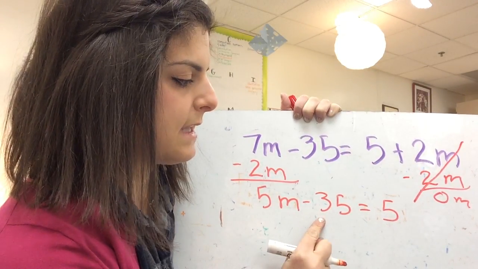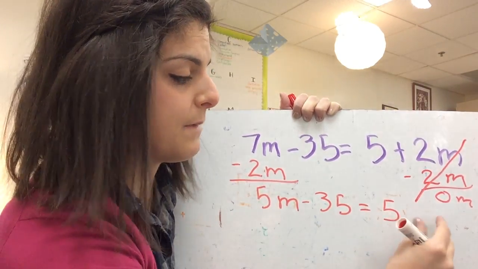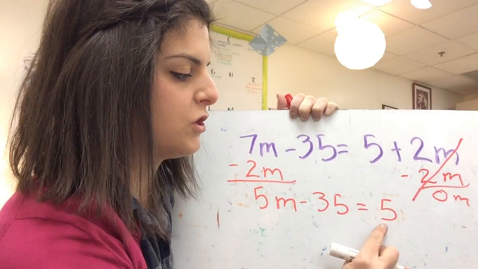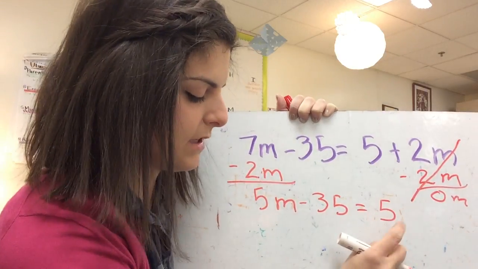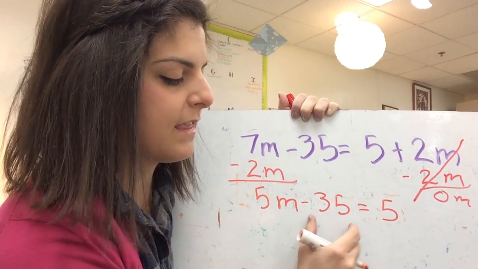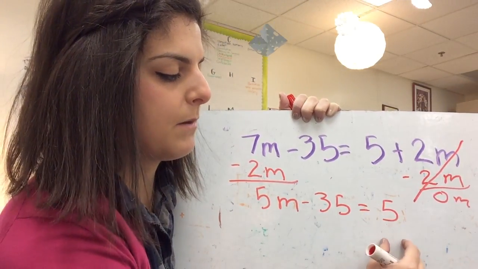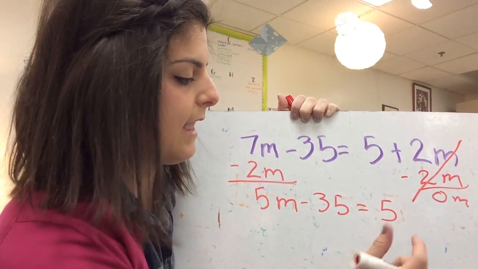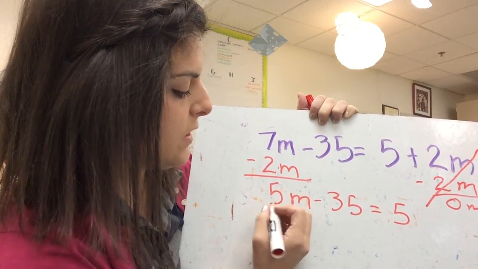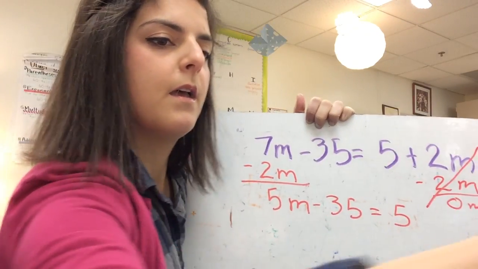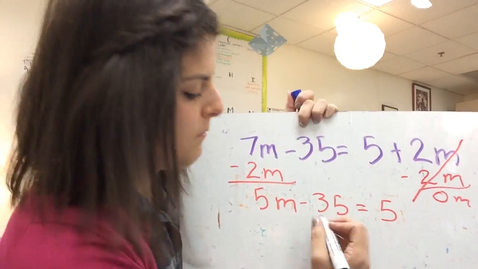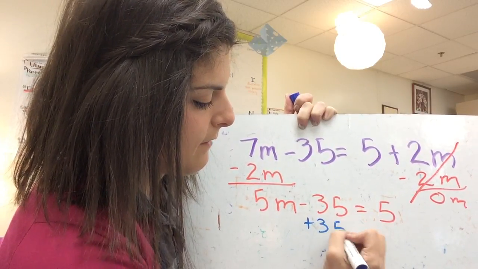What I'm going to do with this number is, because I have to leave something on this side so the two sides are balanced, I couldn't just go minus 5 here because then there's nothing left over here. So I'm going to bring this 35 over here and group it with this like number, okay? So I'm going to keep the 5m by itself and I'm going to say plus 35.